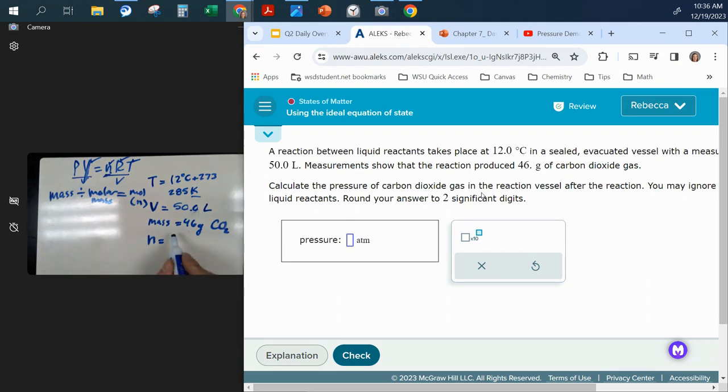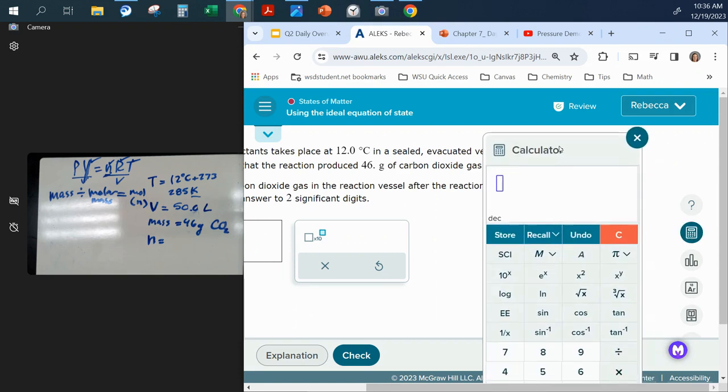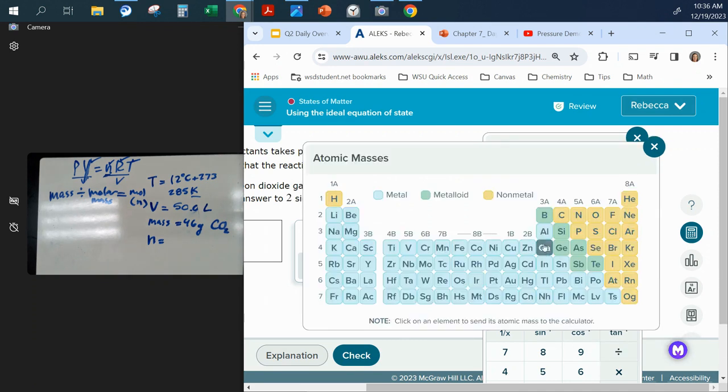So first I need to find the number of moles. So I'm going to go to my calculator, and I'm going to take 46, and I'm going to divide it by my molar mass to get moles. Our chemical is carbon with 2 oxygens.